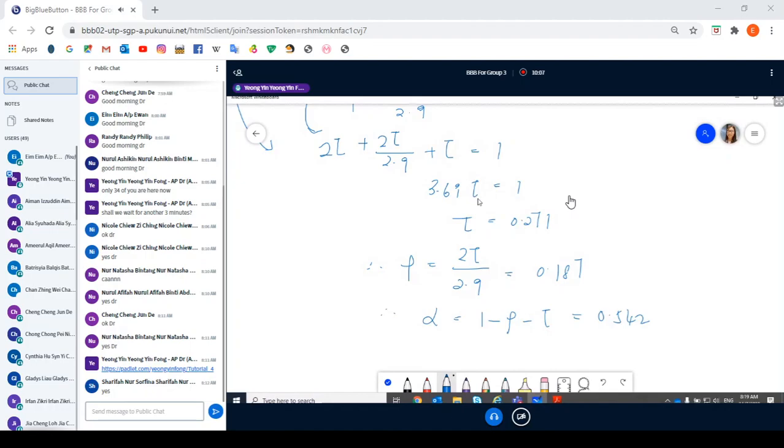Then after that, if you want to calculate the energy absorbed, 379.4, the energy transmitted, and the energy reflected.